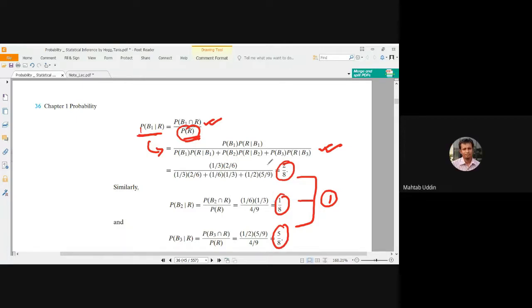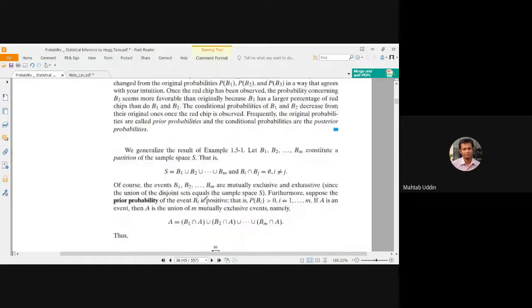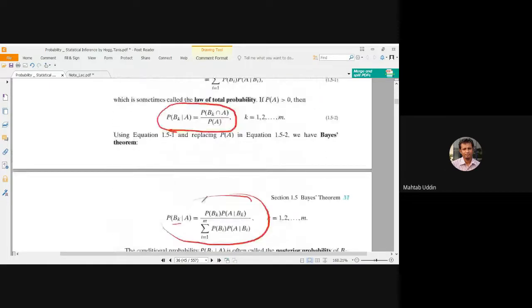Already we have seen red is drawn. That is, it's a sure event. Then what is the probability of a sure event? 1, sir. 1. You understand?